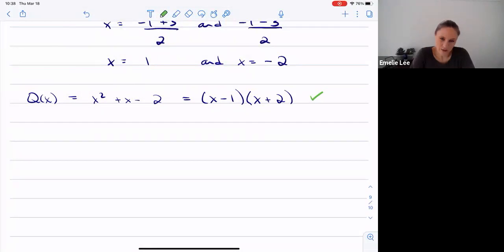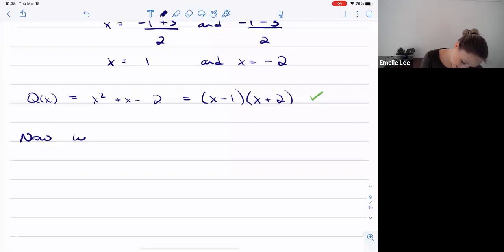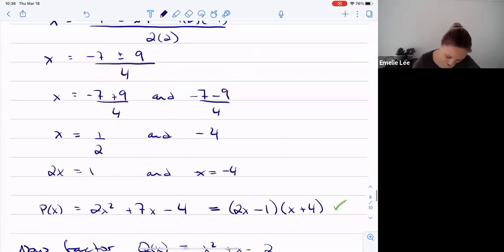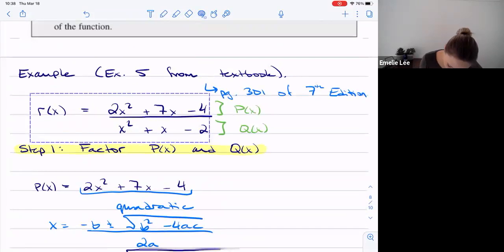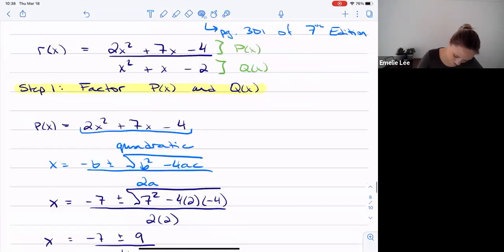So now what we can do is rewrite the original function. Where's that original function here? Just going to grab it. Okay.